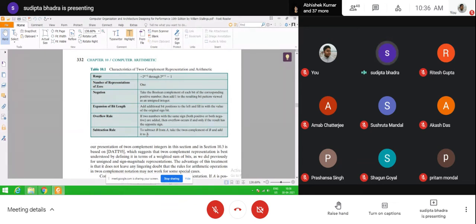Two's complement of b means the 1's complement of b plus 1. Then we add that number to a, which gives us a minus b. So in this subtraction, there is no subtraction operation.